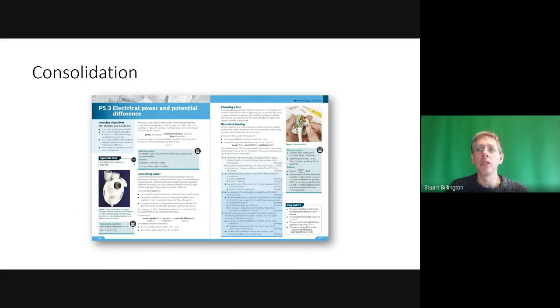Again, just to be clear, please do not start at page 1. You need to zip through that PDF until you find 5.3, which is the power and potential difference one. And then when you find 5.3, do those 4 questions, please. Then skip to the end of the PDF and mark them to check that you got them correct.